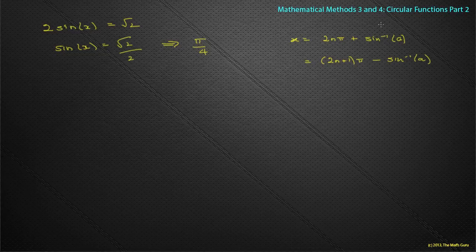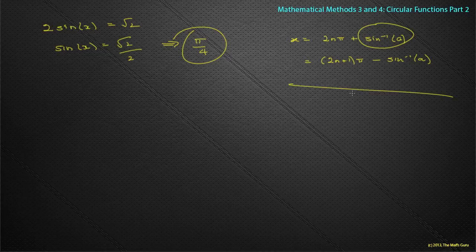Well, this sin⁻¹(a) is pretty much what we've just found here. So writing it more specifically, my general solution is given by 2nπ plus π/4, or (2n+1)π minus π/4. So those are my general solutions.